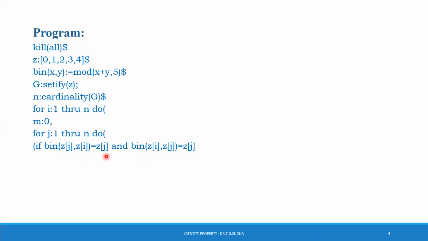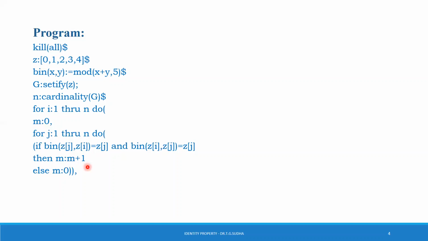Here Z[j] is a and Z[i] represents the identity if it satisfies this condition. So if this is satisfied, then we take m : m+1. Earlier we have stored m equal to 0 to begin. So if it satisfies for the first value of i, then we take m is equal to m+1.